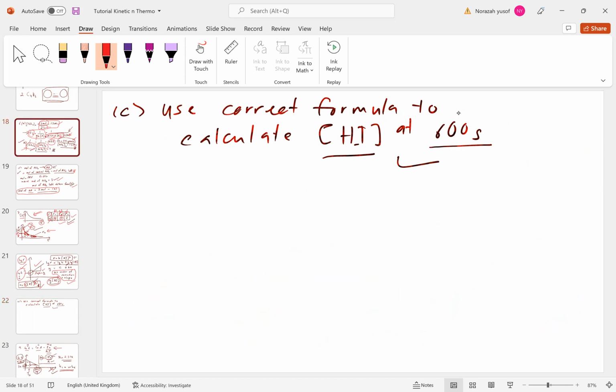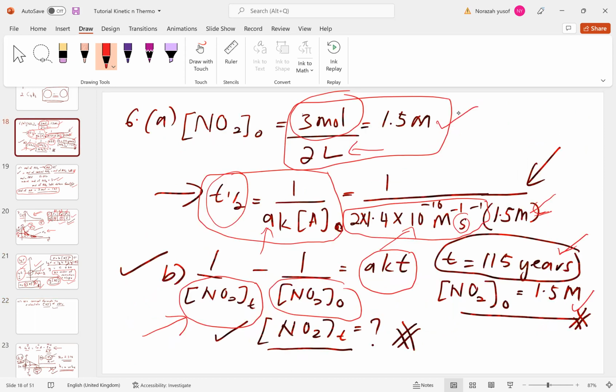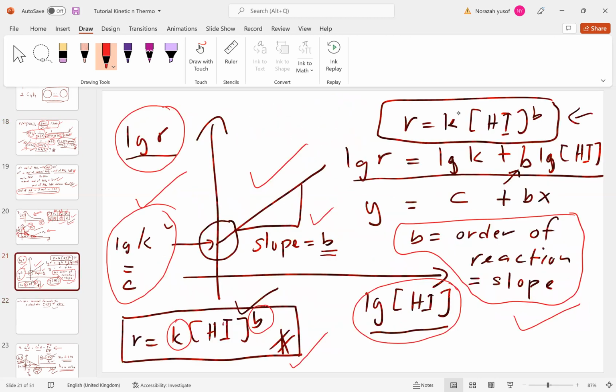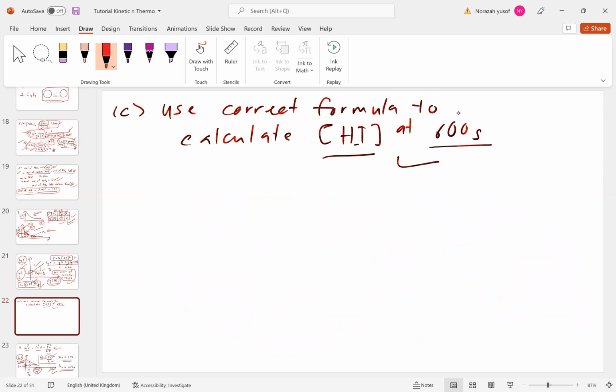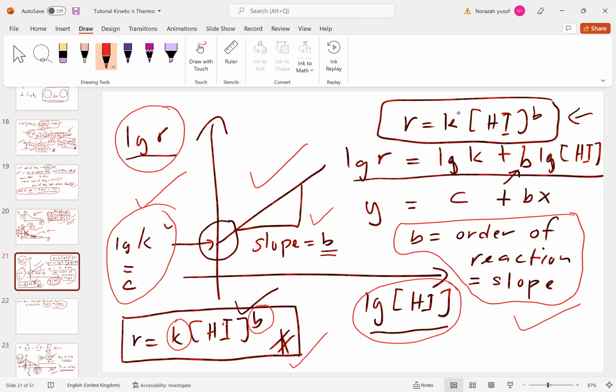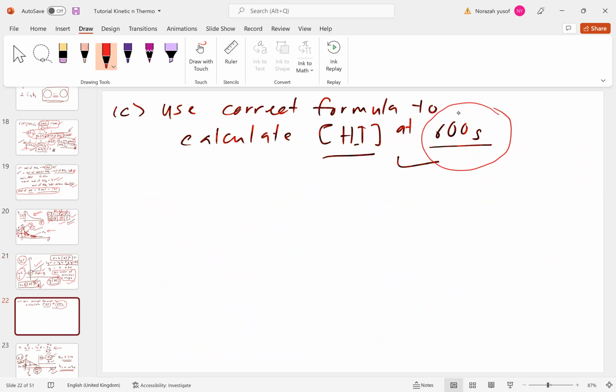Macam tadi kita guna integrated form for second order. So yang ni kena ikutlah jawapan apa yang dapat, B ni nilai apa, then you use the right formula. Masukkan je concentration hydrogen iodide and 600 second. Sebab disuruh kira bukan disuruh tengok daripada graf. Sebab masa dah diberi, so you need to put it in the formula.